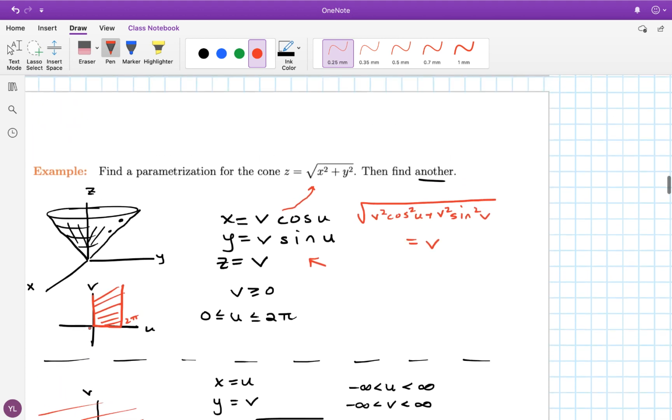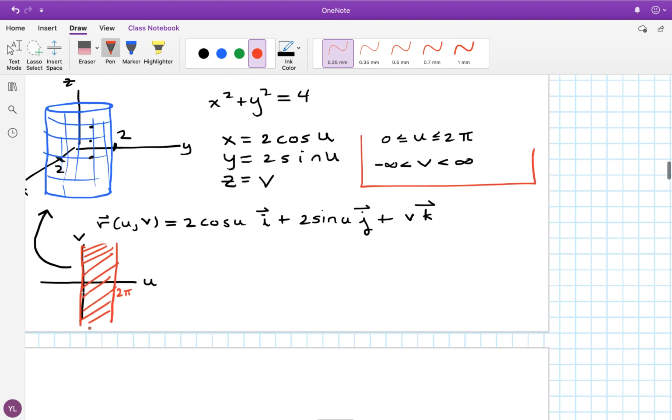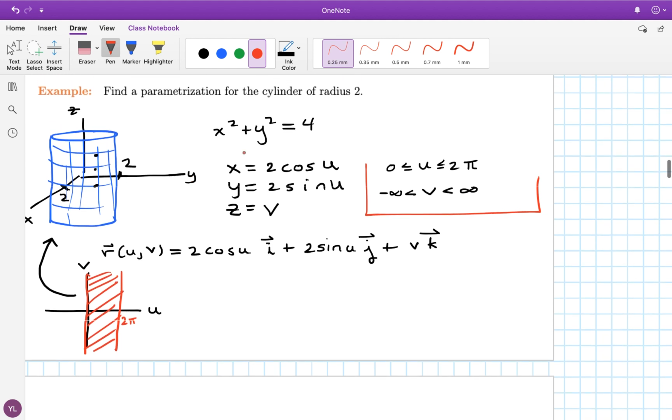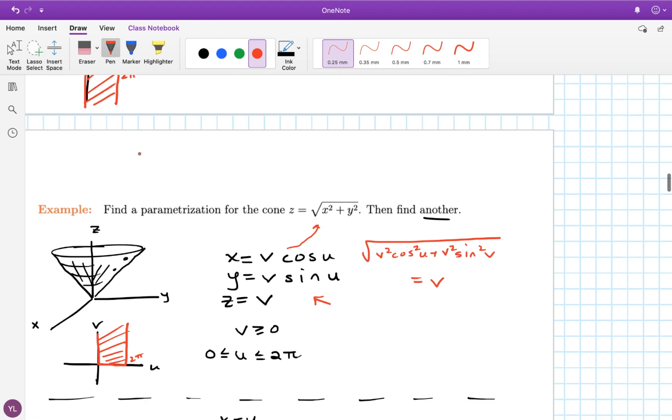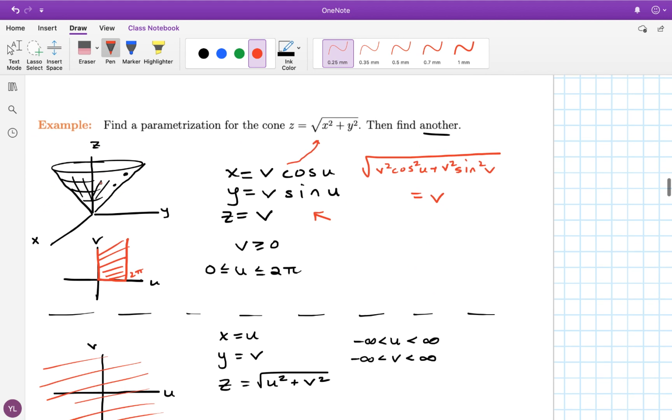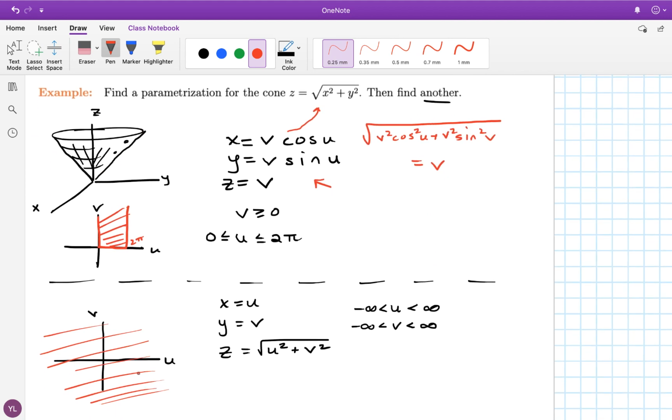I was not able to do that for this previous example because in this case, z was definitely not a function of x and y. In fact, this surface horribly fails the vertical line test, right?